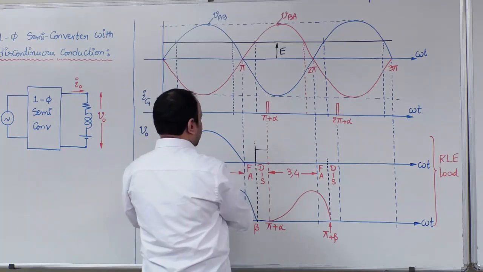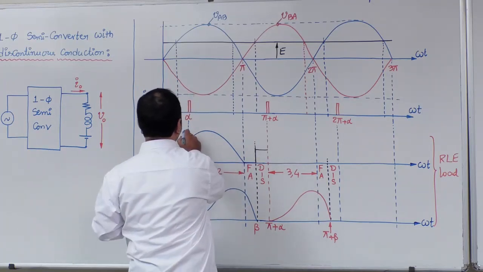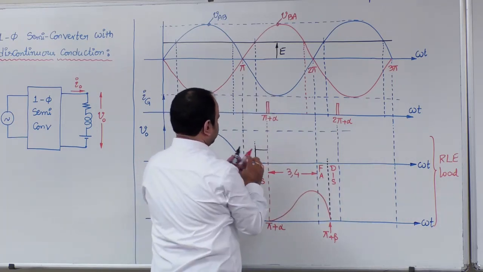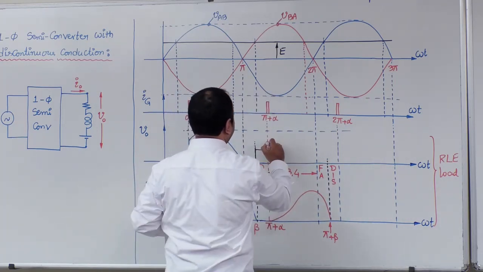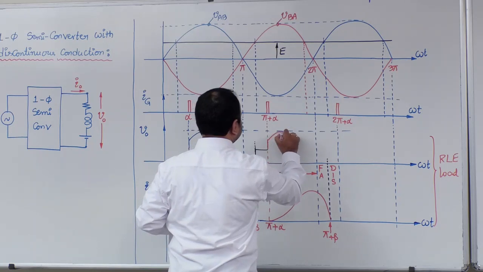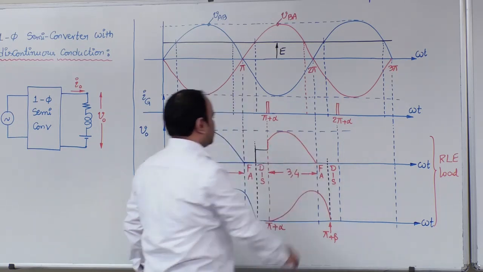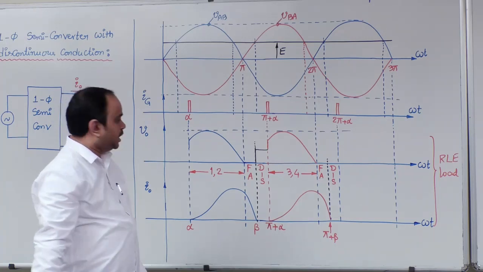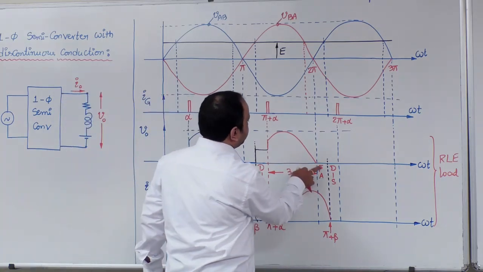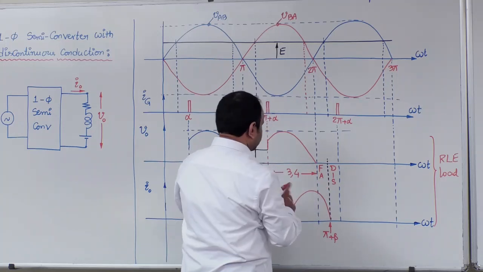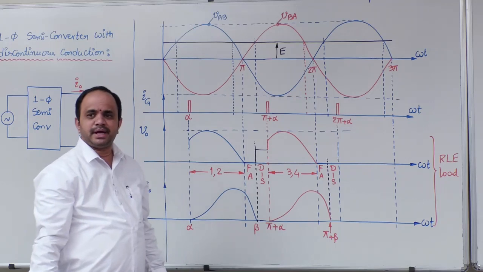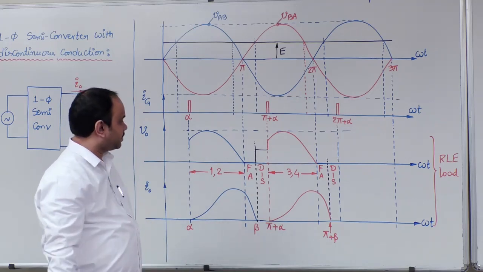Therefore, pi plus alpha to 2 pi, the output voltage will be the same as VBA, the red color sinusoidal. Now 2 pi to pi plus beta, it is a freewheeling action.